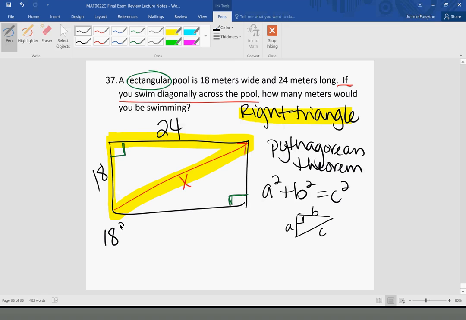So let's say we have 18 squared plus 24 squared equals c, or we'll say x squared. All right, so we got to figure out 18 squared. 18 times 18. I need some room. I need one more page here.